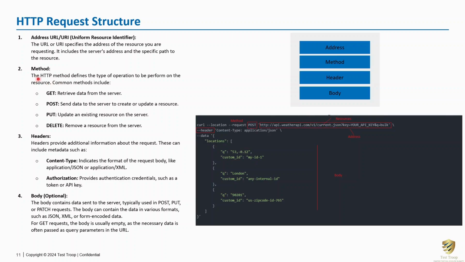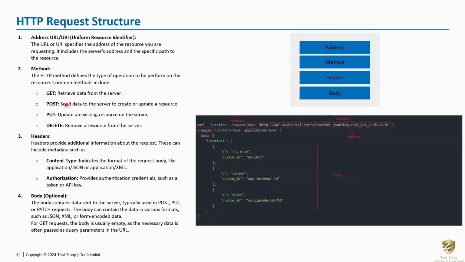Second one is the method. The method basically tells what kind of operation we are performing with the particular resource. In this case, we are performing a post request. That means we are trying to create a new record, or update the existing record on a server.